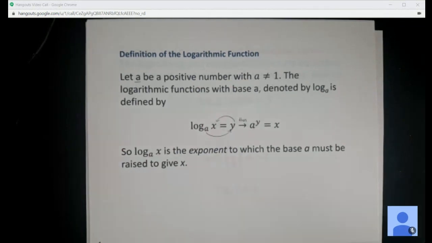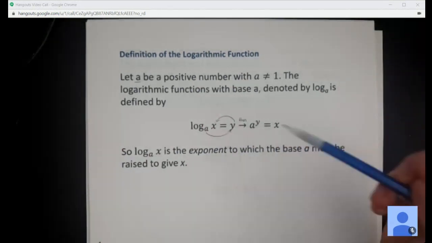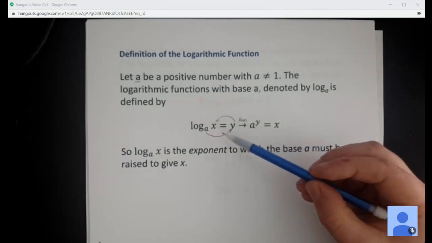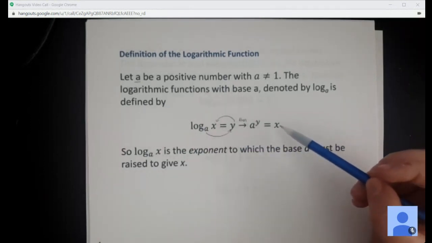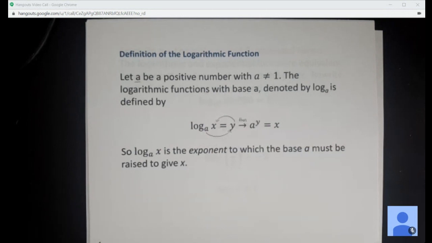We're going to start out with some examples where we basically just convert these one way or another. Either given a log, convert it to exponential, or given an exponential equation, convert it to a logarithmic equation.